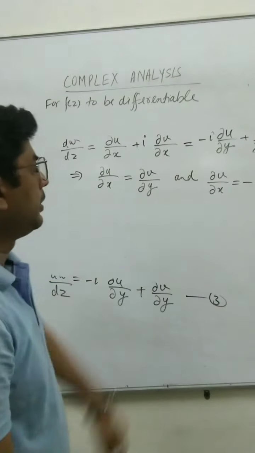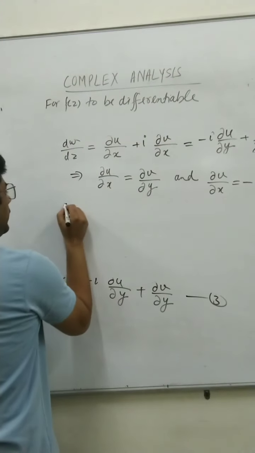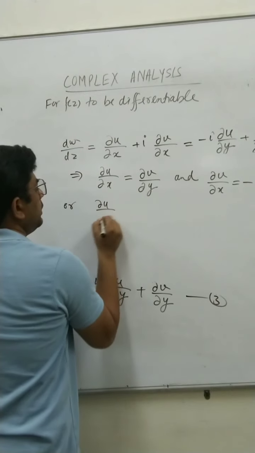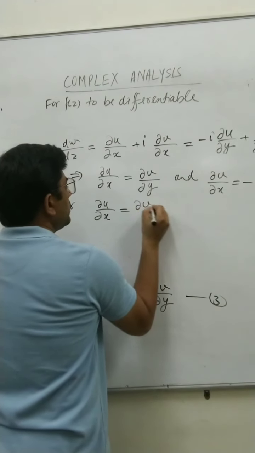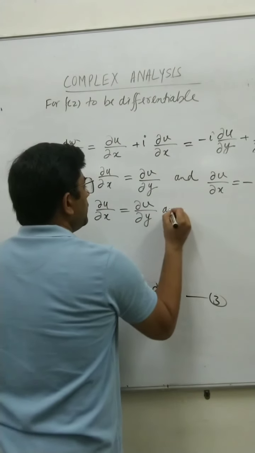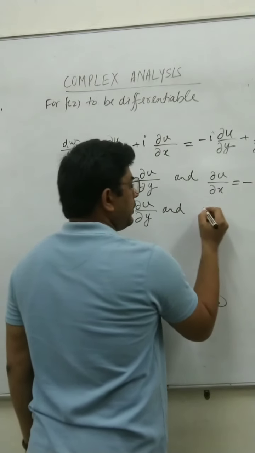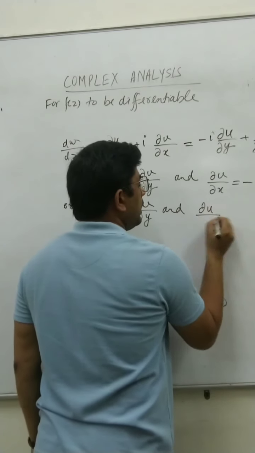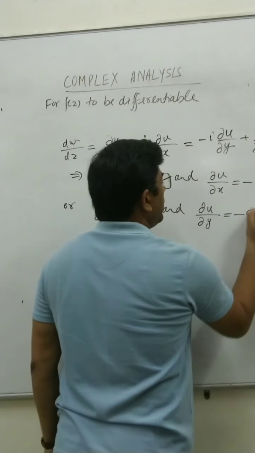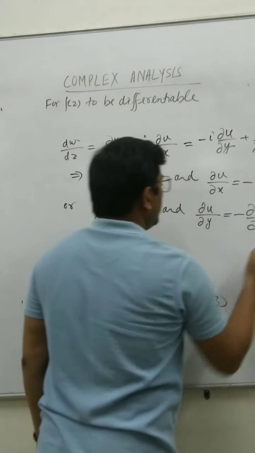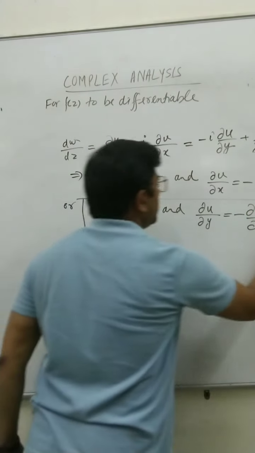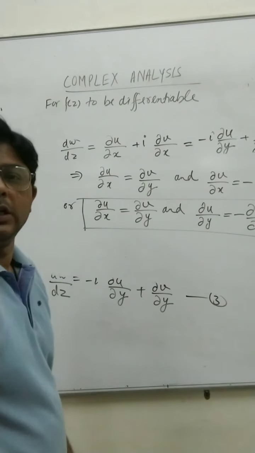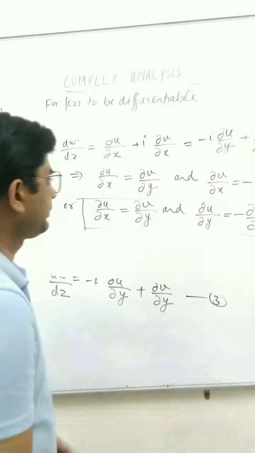So we can write these equations as del u upon del x is equal to del v upon del y, and del u upon del y is equal to minus del v upon del x. These are the two conditions under which a function is differentiable.